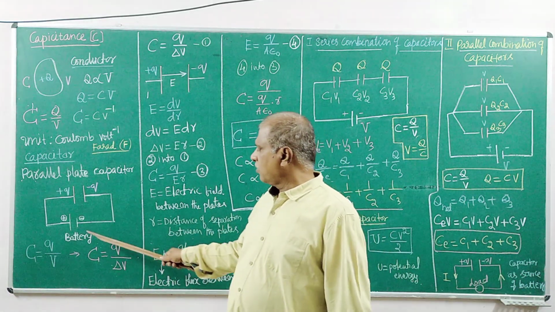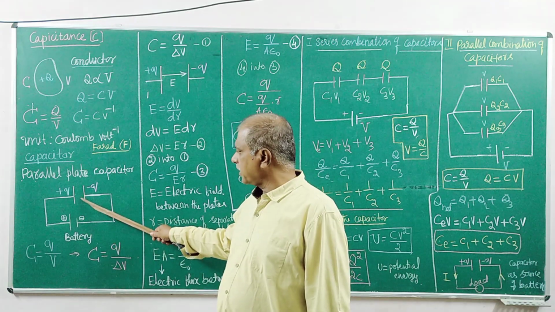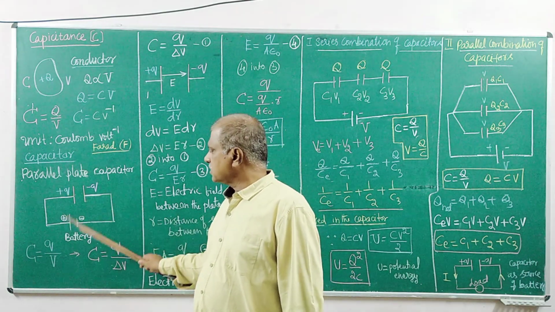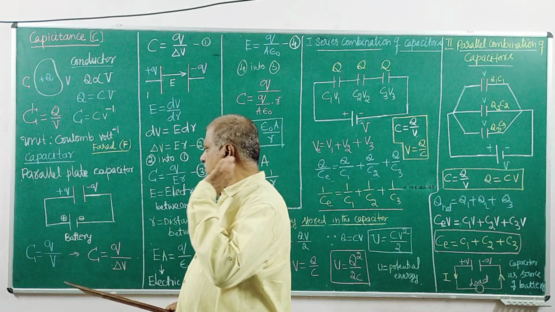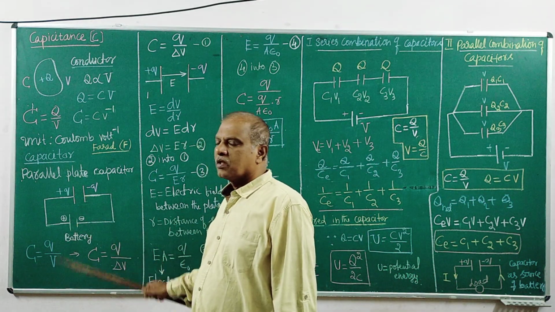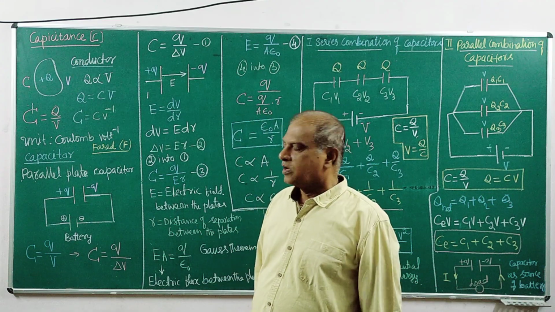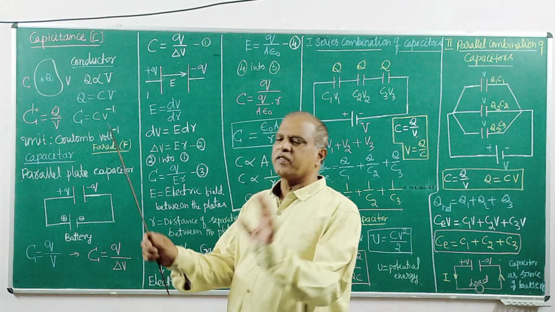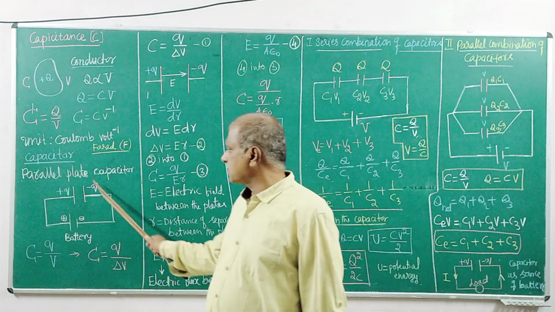Actually the battery does work on the capacitor to increase the charge. Adding charge, work is done by the external agency. That amount of work done is stored as the potential energy, or energy, of the capacitor.